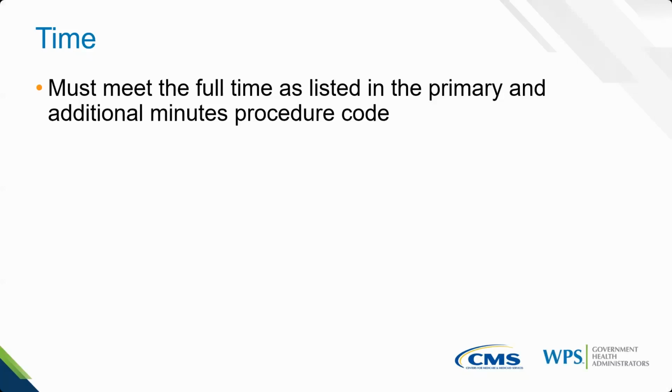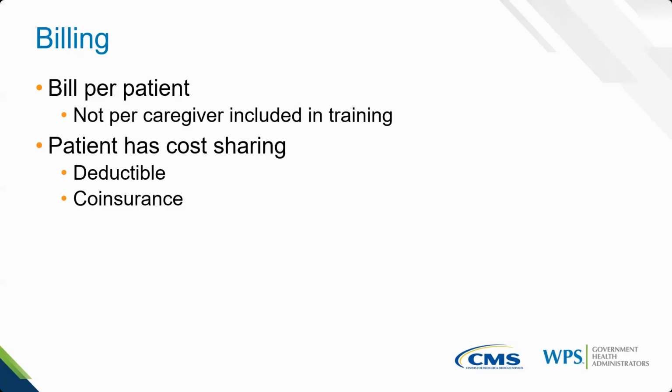The billing is going to be per patient. So even if for Bill you have 3 different caregivers coming in, you're still going to bill this once under Bill. And we'll show the procedure codes here in just a minute. So you could be providing group training sessions for 3 of Mary's caregivers, 1 of Bill's, and 1 of Tom's.